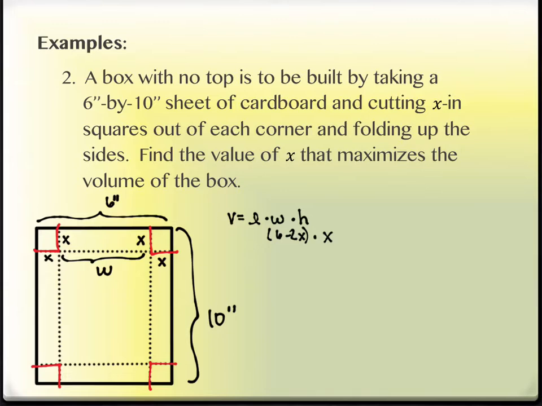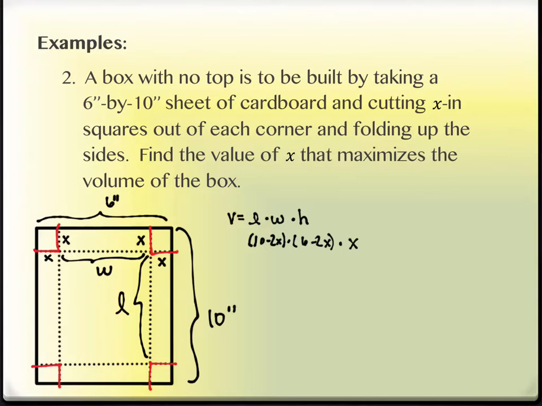Using that same idea, here's my length. What would the length be of the folded box? 10 minus 2x, right. So I have 10 minus 2x for my length, 6 minus 2x for my width, and now I have an x for my height.